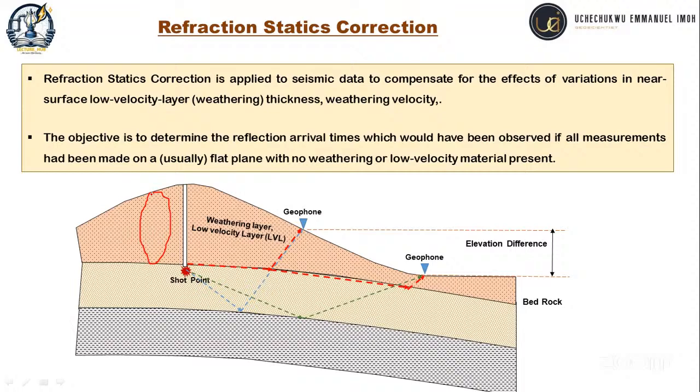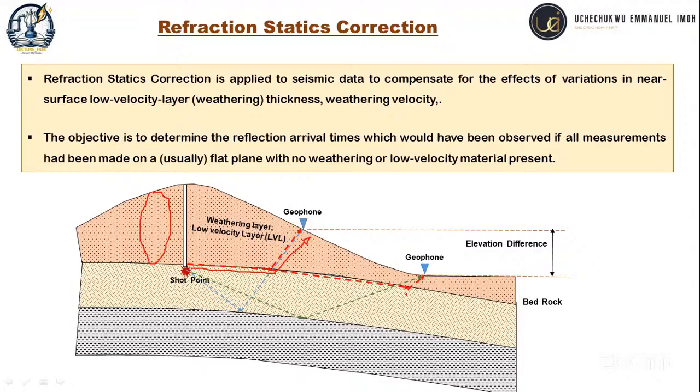The weathered rock slows down the travel time of the seismic wave. So we correct that using the refracted waves. When you shoot the dynamite, some of the wave will move between the low velocity layer and the bedrock. So there will be a refracted seismic wave, and these waves are what we pick out in processing through a process called first break picking.